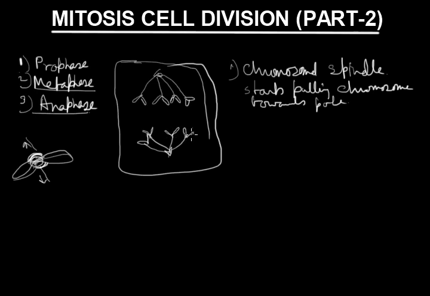This is the position of the chromosomes. So these are the chromosomal fibers, this is the chromosomal spindle. There are also continuous spindles; we find the continuous spindles too.